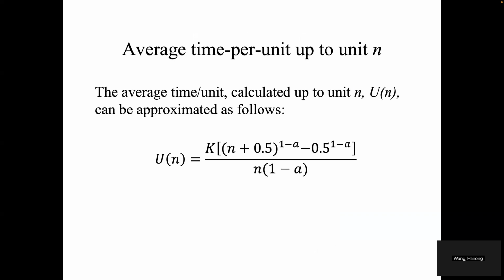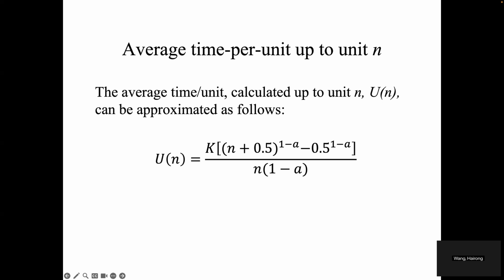Then we move to the average time per unit up to unit n. This is the formula that can be used to approximate the average time per unit over the cumulative production up to the nth unit, capturing the effects of the learning curve across multiple units. And maybe you will ask why we need to use an approximation instead of directly using the formula.